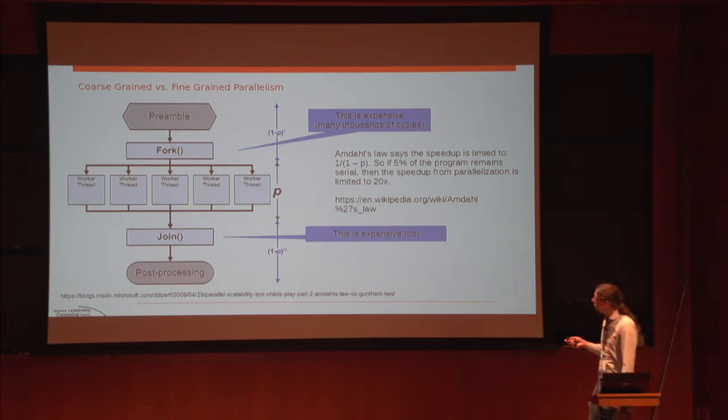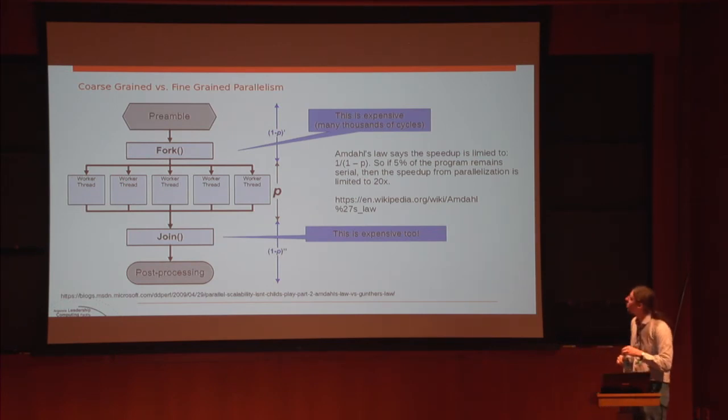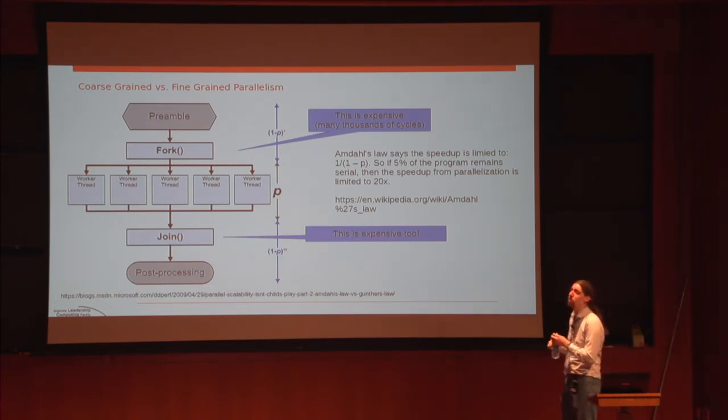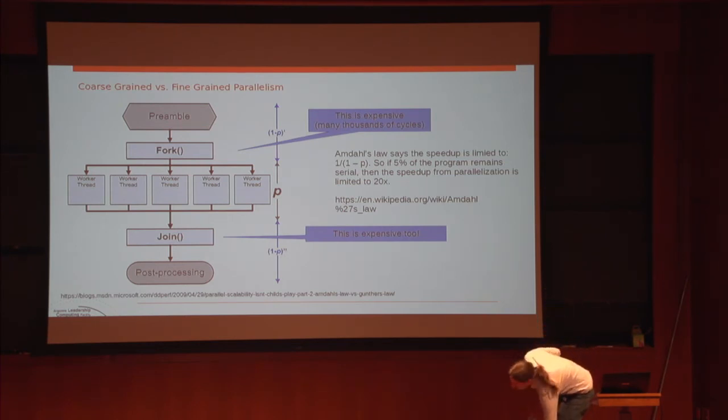So the question is how much work do you do in each of these? It often happens that people will end up putting parallel regions around sections of code that are too small. And so the code will essentially spend all of its time starting up and shutting down threads, and the OpenMP just won't be worthwhile.